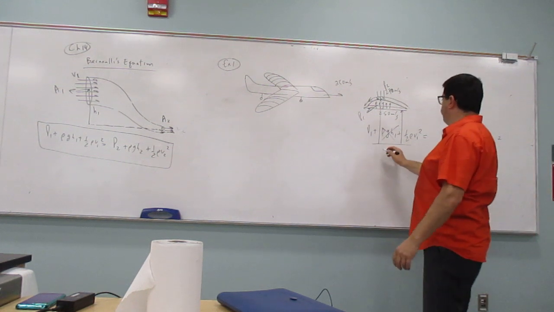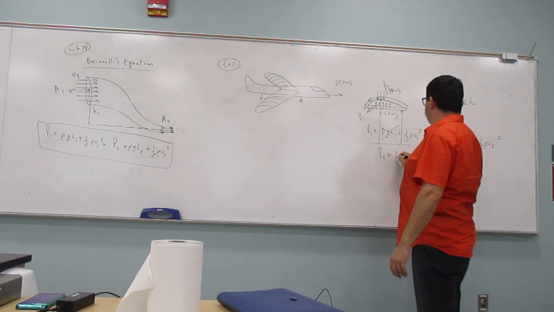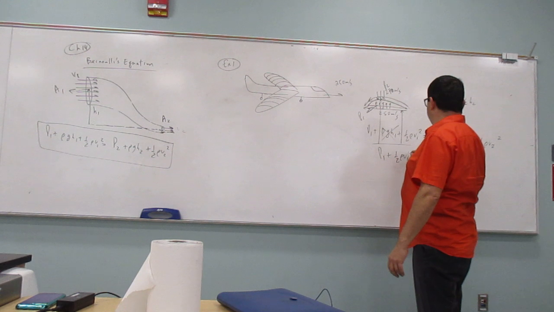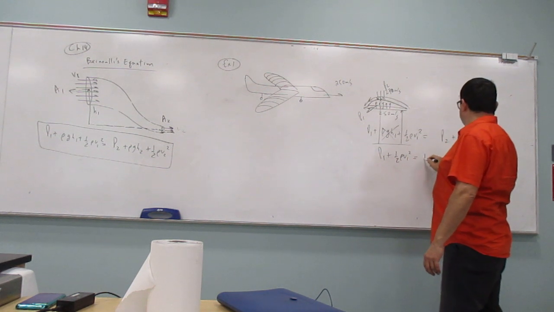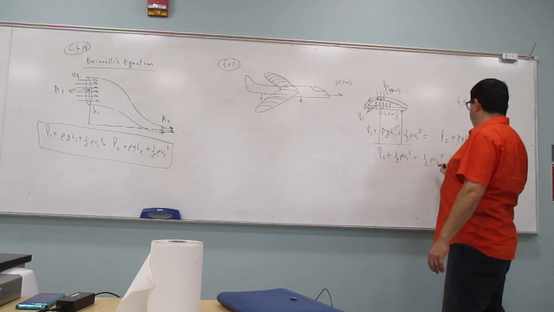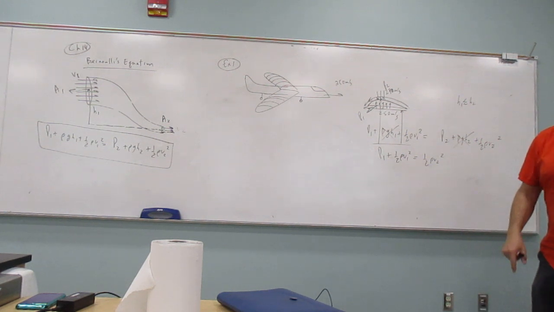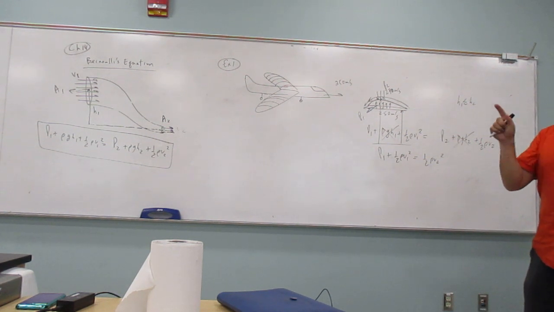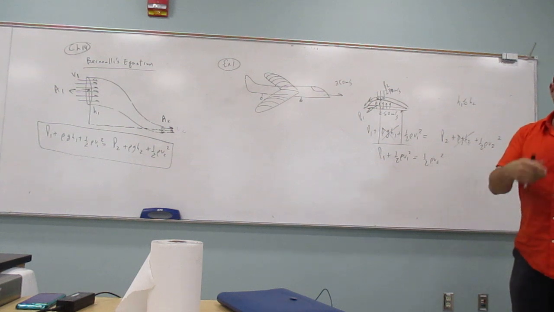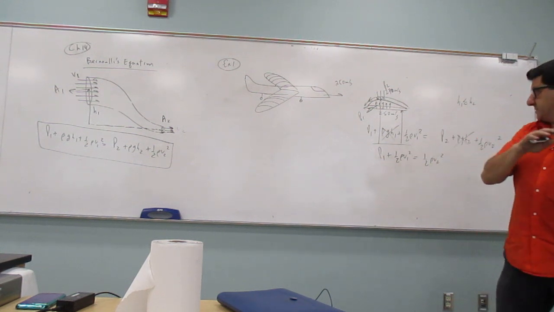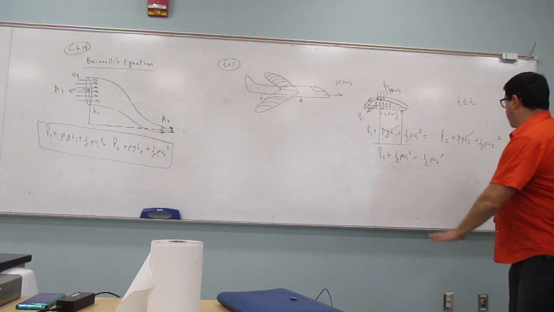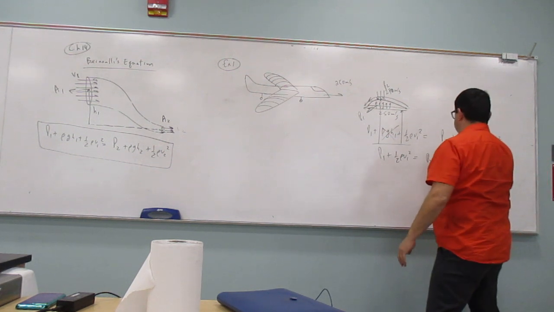So now we can say P1 plus half rho v1 squared, and rho is the density of the air, because in this case the fluid is not water, it's just air that's flowing. Oh, I forgot P2.